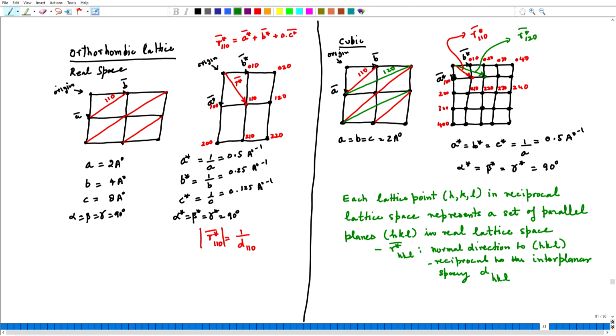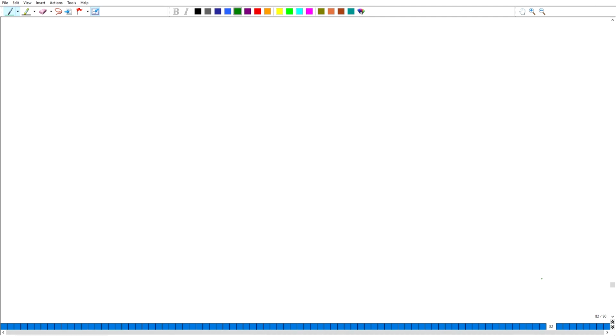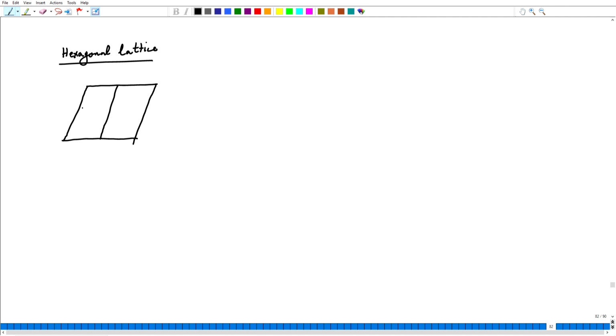We will take one more example, a third example in which all the axes need not be orthogonal. Let us take a primitive hexagonal lattice. So, again lattice points at all corners.